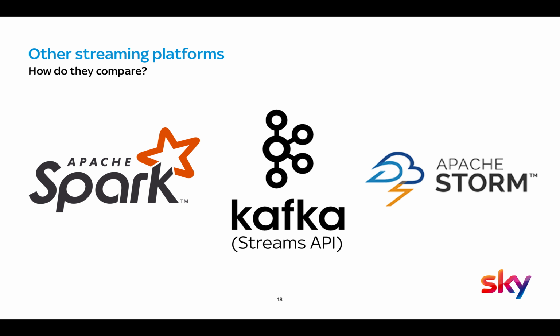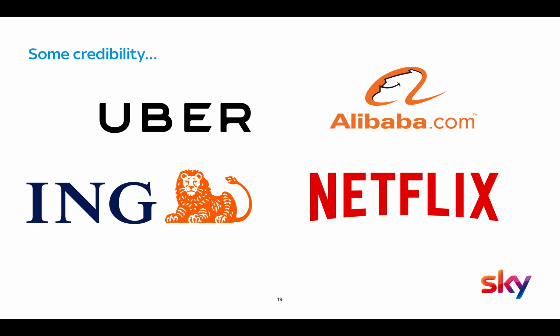Okay, and finally, just to give some credibility to Flink, because I think a lot of people have not heard of it unless they're working in the stream development field quite often, or have been working with streams for a long time. Flink may not be something that they've heard of.